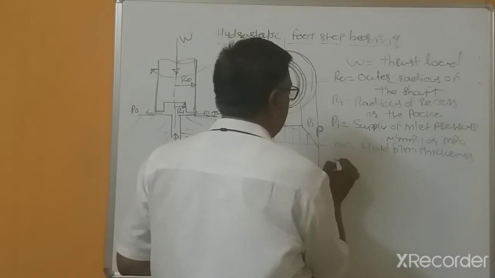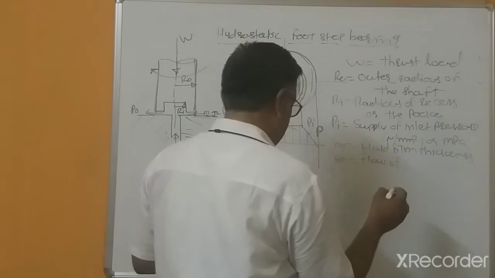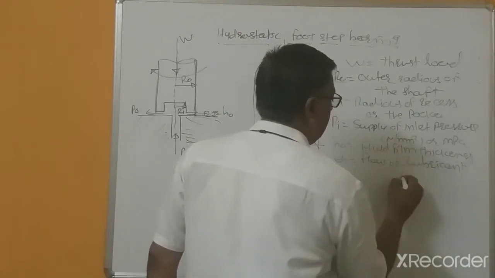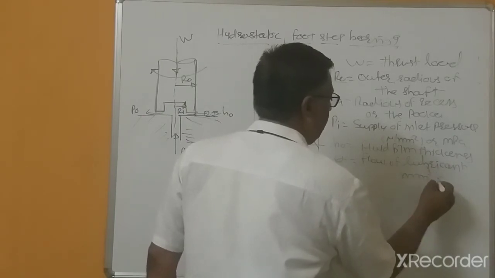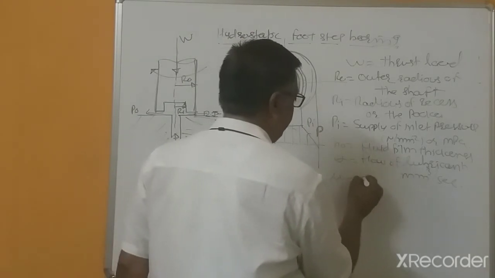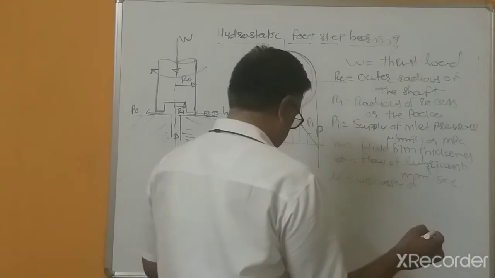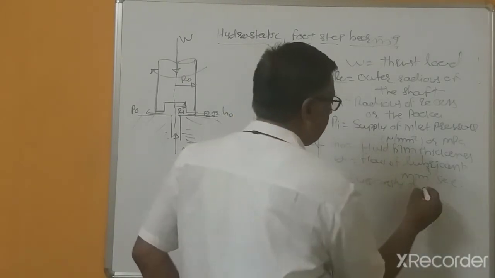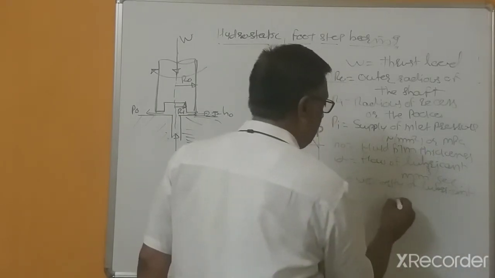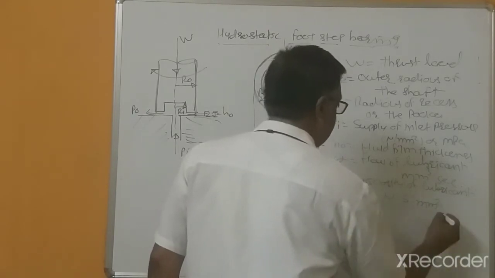Q is the flow of lubricant in mm cube per second, and mu is the viscosity of lubricant, in Newton second per mm squared.